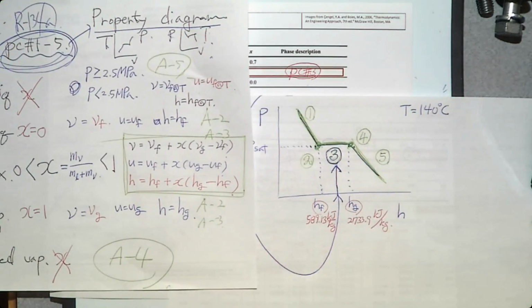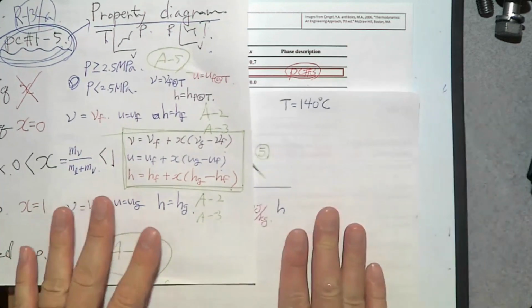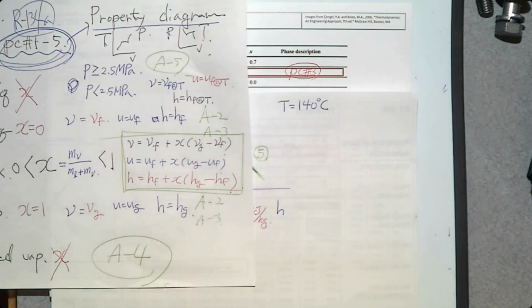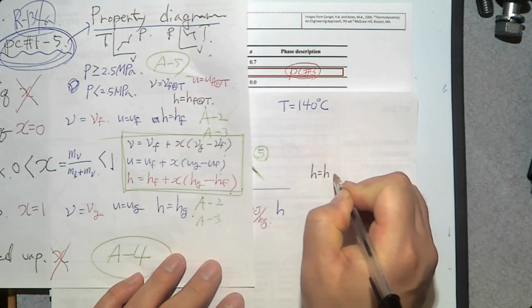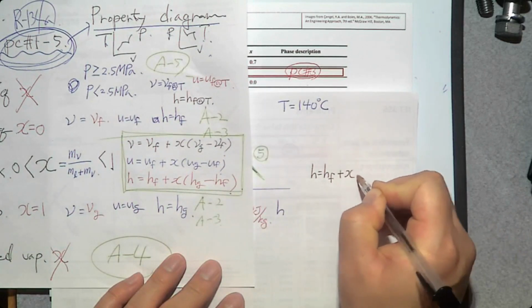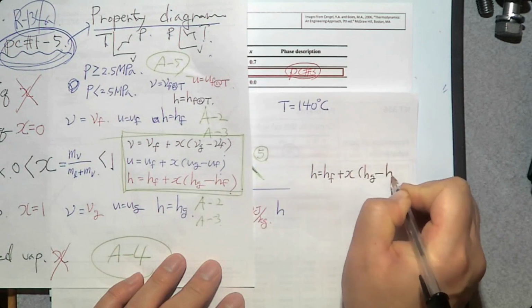If you have a saturated mixture, we can use these linear interpolation equations, and we know H. So let's use this equation. H is HF plus quality X times HG minus HF. So let me write this equation here on the right-hand side.